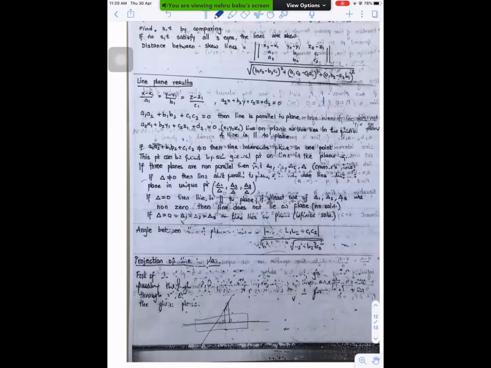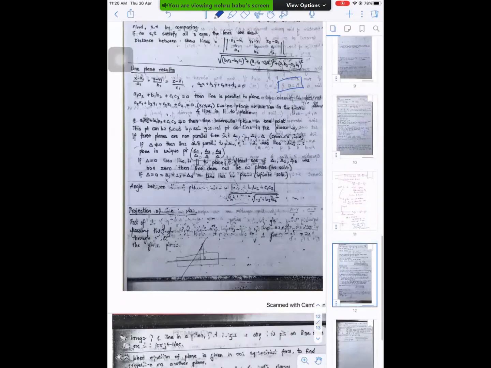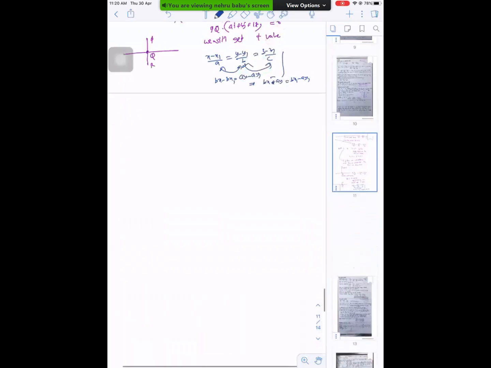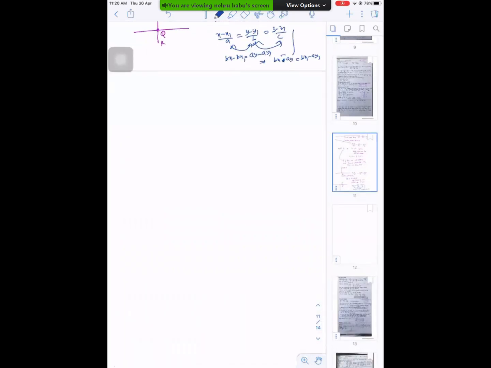Next, line and plane. What is the line-plane case? Two things are there. If they are giving a plane equation, and if they are giving a line, what is the point of intersection? This is one case. And one more case is what is the projection of that line? These are the results, or the angle between these two things.